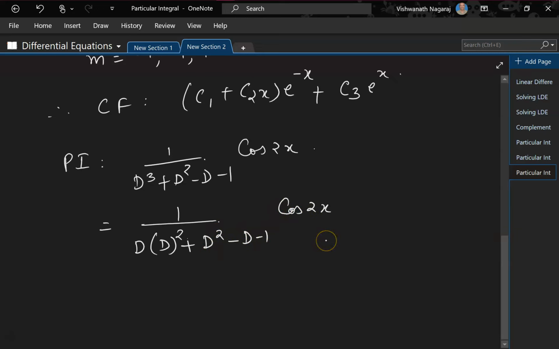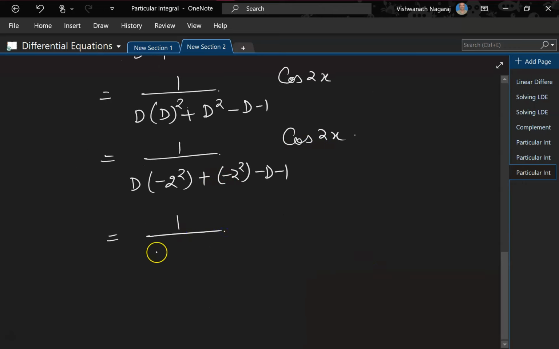Now here what we can do is this D² can be replaced with −m², remember? So let's do that. D times −2² plus −2² minus D minus 1 cos 2x.